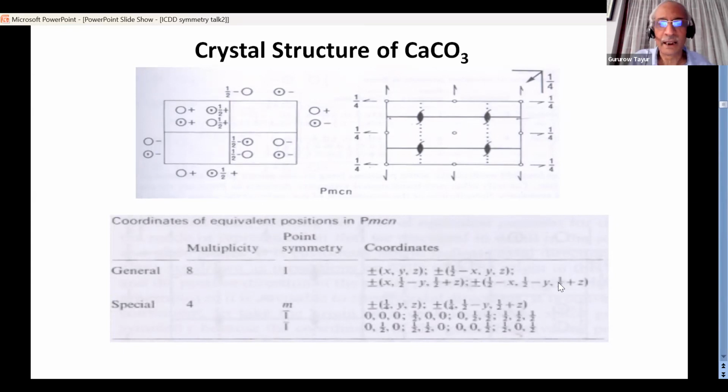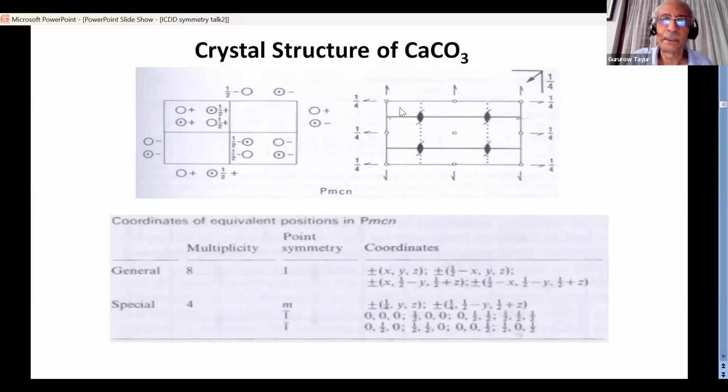Now, as we discussed earlier, what are the non-translation components in this space group diagram? The mirror symmetries, which come here at 1/4 and 3/4, and also the centers of symmetry, which are associated with 0, 0, 0, and 0, half, 0, and 0, 0, half, and so on.